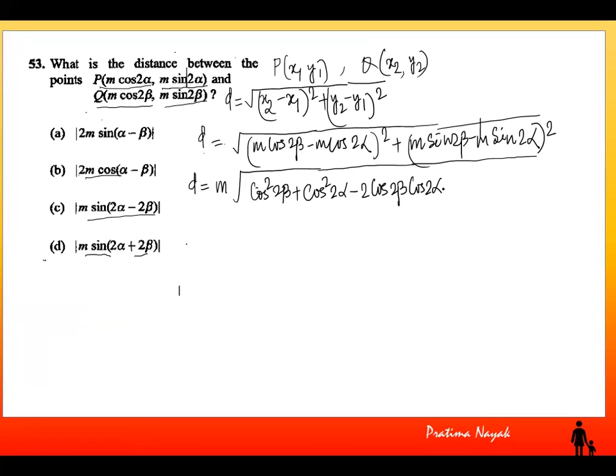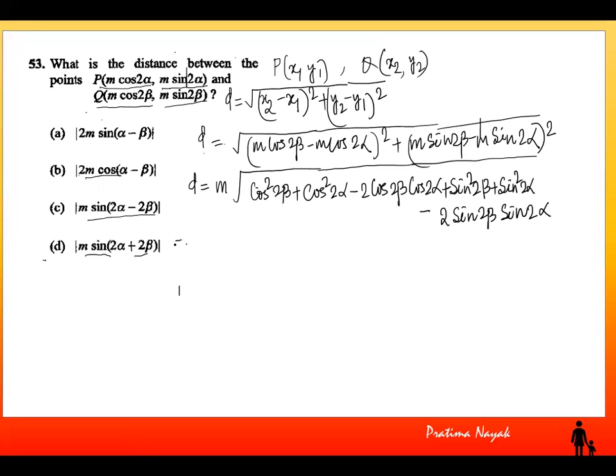And from the right side expression, sin square 2 beta plus sin square 2 alpha minus, I'm writing here, 2 sin 2 beta into sin 2 alpha.